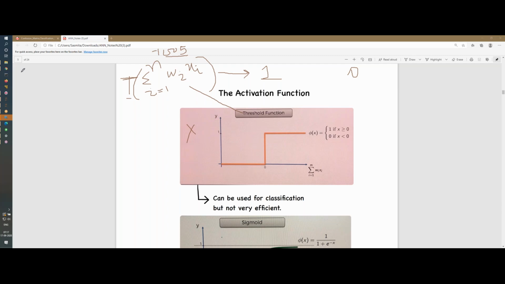You are working on a weather forecasting project, and in it you have different kinds of columns. Let's say the first column is your temperature, your atmosphere pressure, and so on. Temperature, pressure, and then weather condition. Based on temperature and pressure, you are trying to predict whether it will be rainy, sunny, or windy.